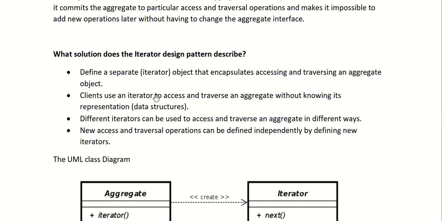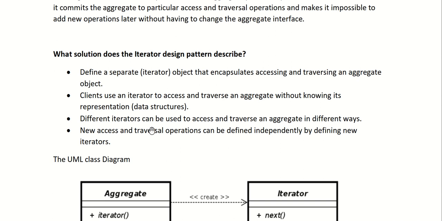They just make use of an iterator and they will access the elements of a collection. Different iterators can be used to access and traverse an aggregate in different ways. An example is the tree data structure, or a tree collection. You can specify different iterators to perform pre-order, post-order, and in-order traversals of your tree data structure.